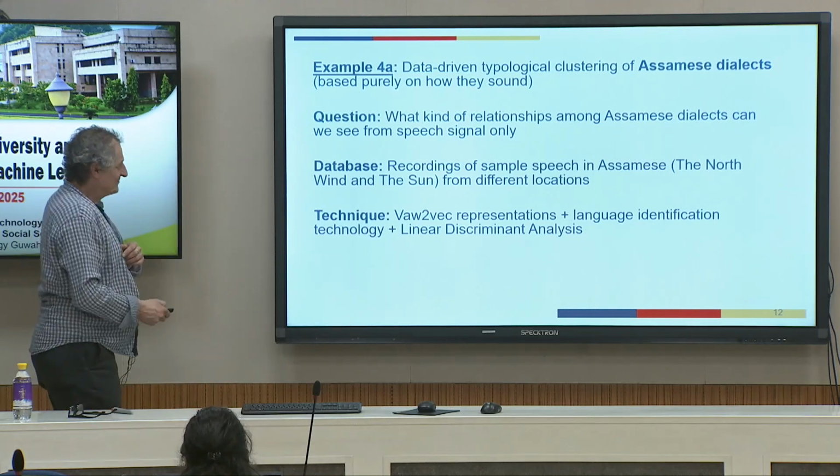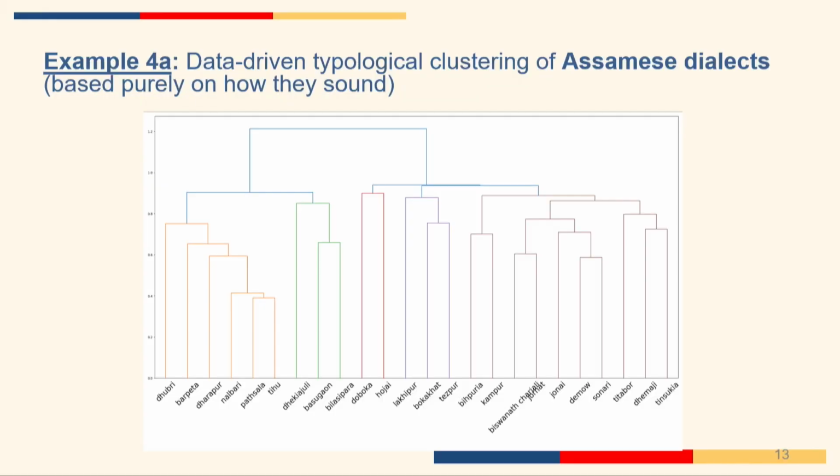So this is the dendrogram we got. Can you see these labels here? I let the Assamese people and people who know this area well check whether it makes sense. First of all, let's have a look at this split here. This is the major split in the data.